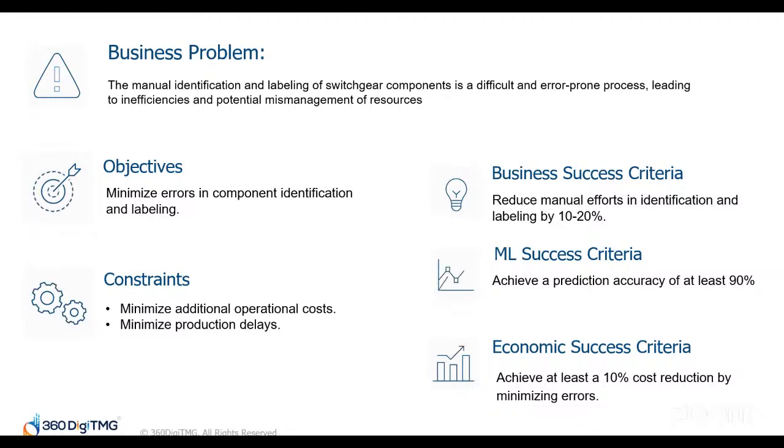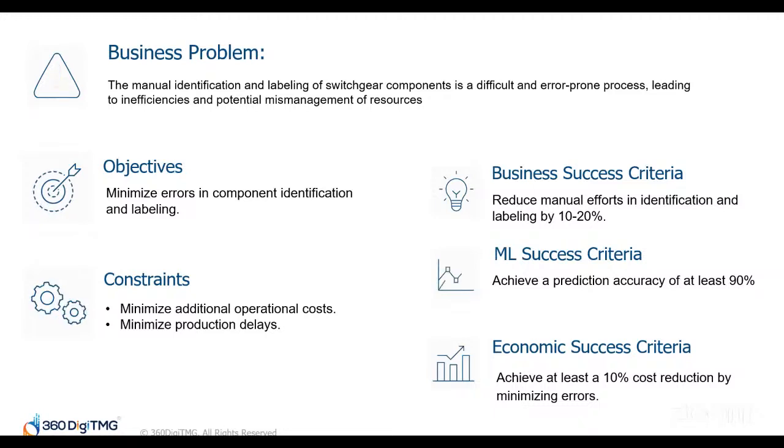Business success criteria is to reduce manual efforts in identification and labeling by 10 to 20%. So what are the benefits of this? We will improve the efficiency, optimize the workflows, and enable a more streamlined manufacturing process if we achieve this objective.